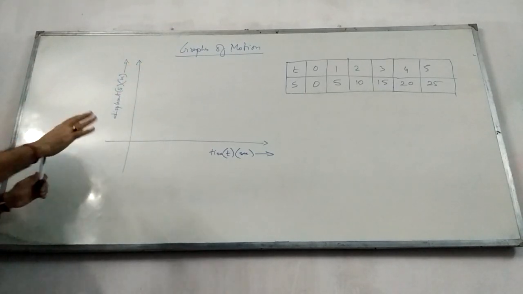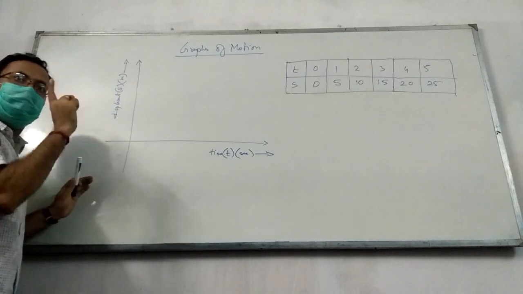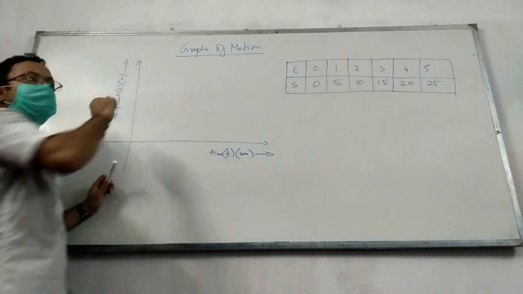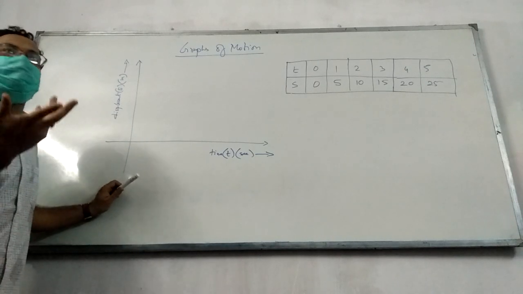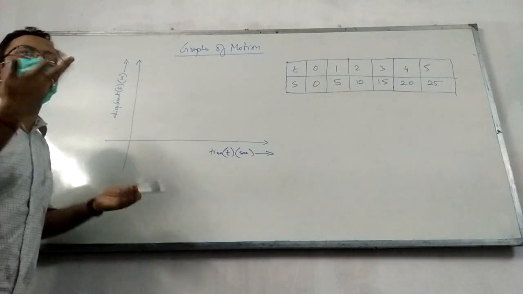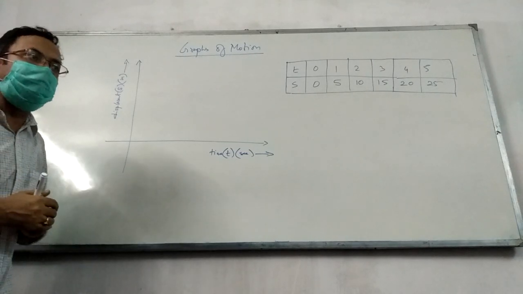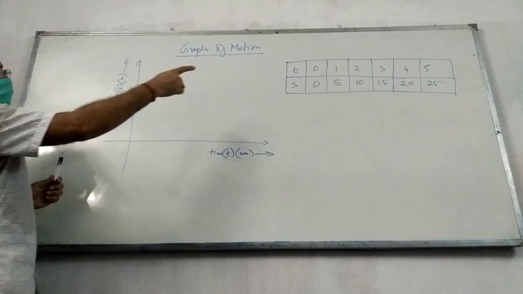Whenever you represent a graph, remember, writing down the quantities along the x-axis and y-axis is very important. Why? Because if you don't write down the quantity, it doesn't have any significance. Now let's plot the points.